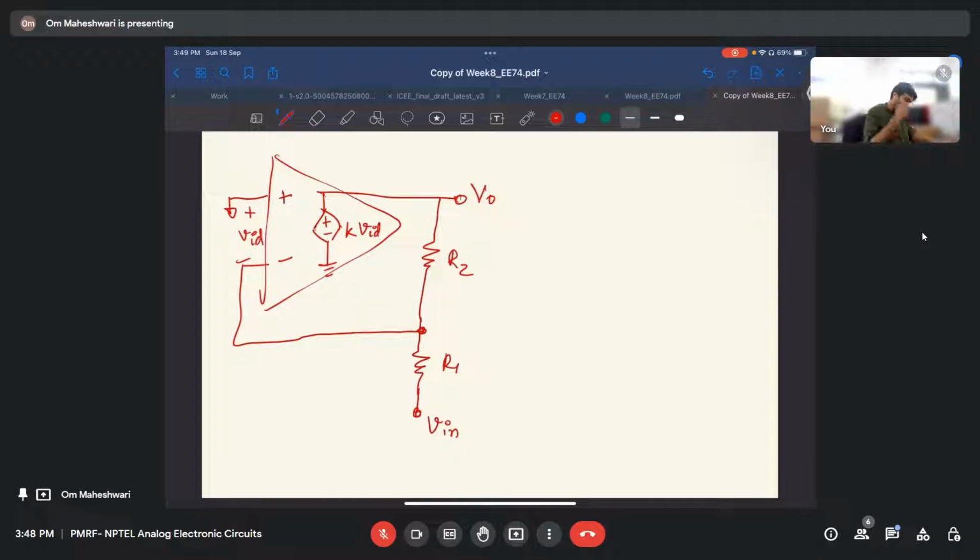So when the gain is not infinity, we will draw this kind of circuit. Are you getting how I have drawn this circuit? Yes, sir. So next is nothing, we will just try to solve this.